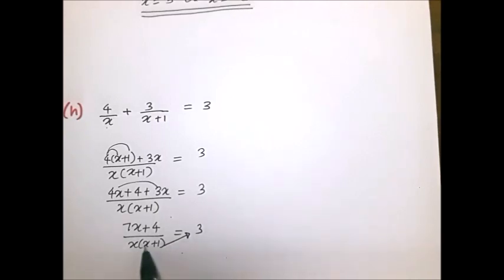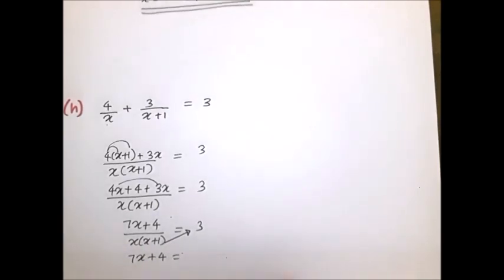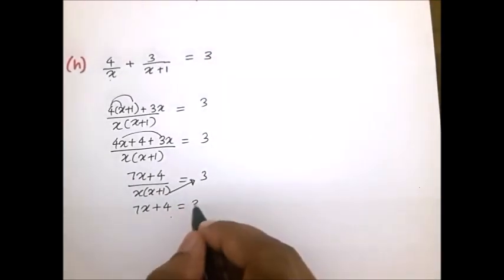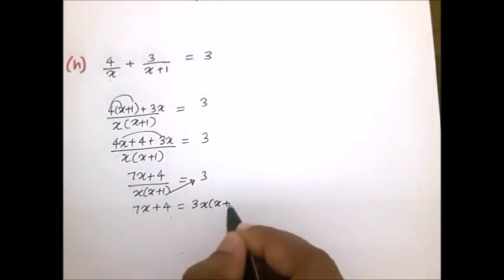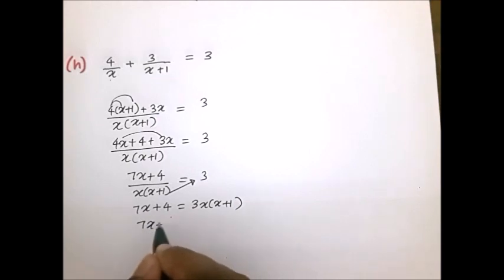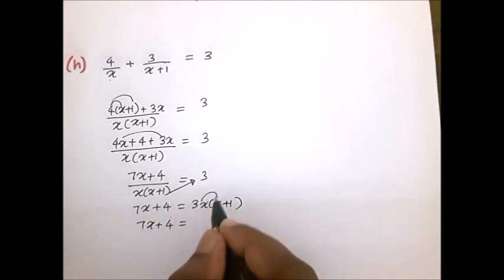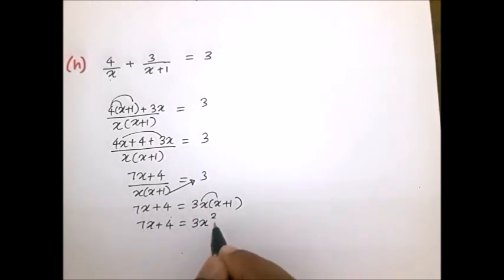Multiply 3 by this term. 7x plus 4 equal 3 times x multiplied by x plus 1. Then remove brackets again. 3x multiplied by x, 3x to the power 2, 3x multiplied by 1, 3x. Now we have to arrange one side of this equation as 0. Here x to the power 2 term is positive in the right hand side.